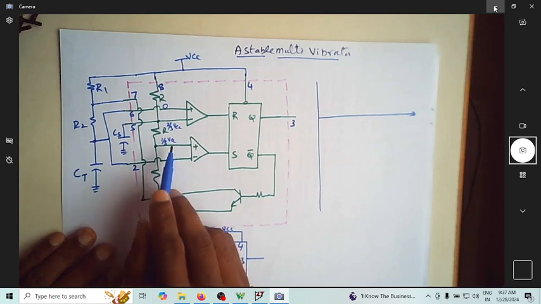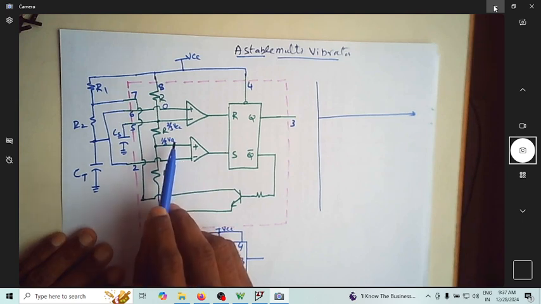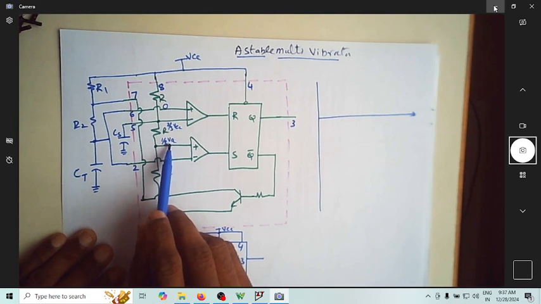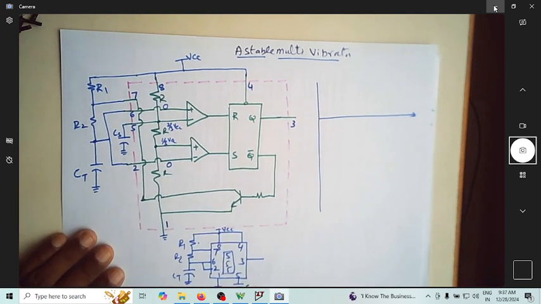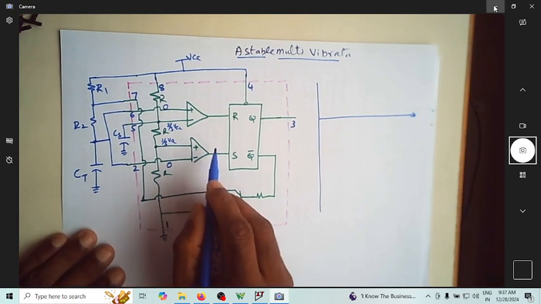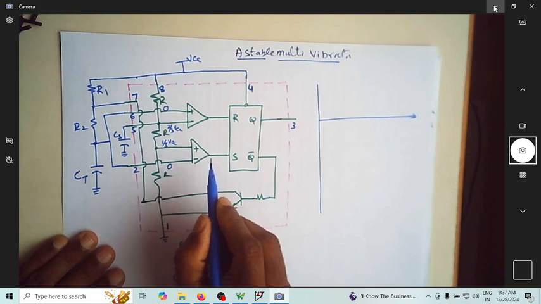Since this is 0 and this is 1/3 VCC, V plus is more than V minus. So when V plus is greater than V minus, you have 1 here.